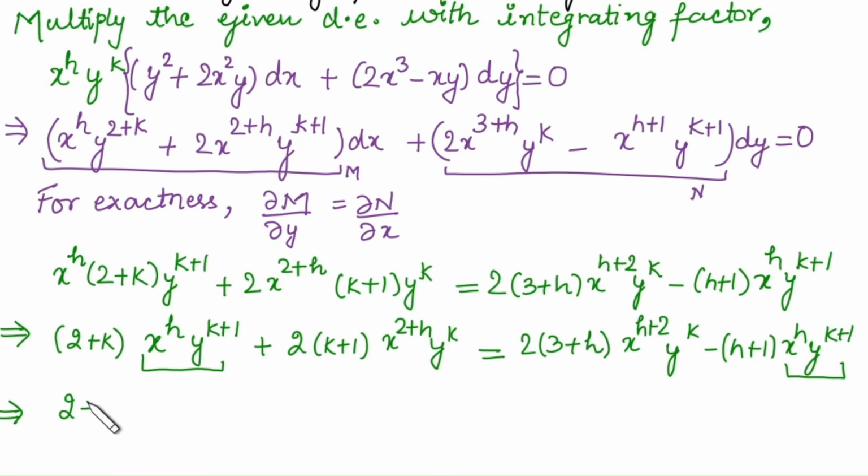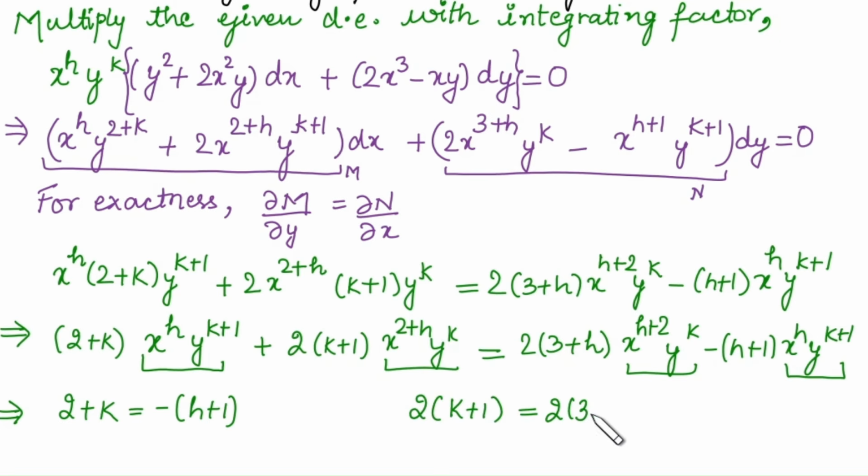So we can say that 2 plus k must be equal to minus h plus 1. On the other hand, x raised to power 2 plus h, y raised to power k, and the same term is available here. So it means their coefficients must be the same. This results in 2 into k plus 1 must be equal to 2 into 3 plus h.